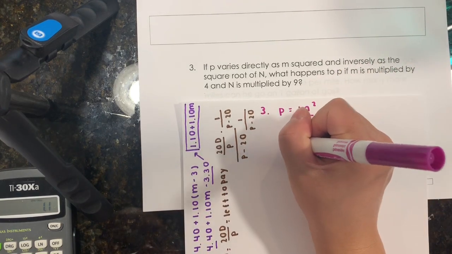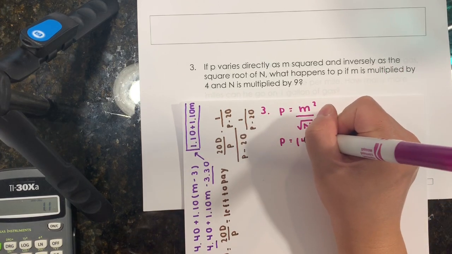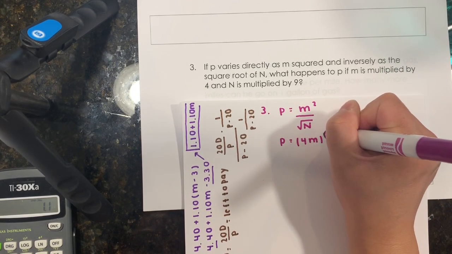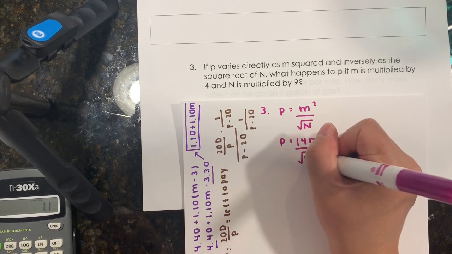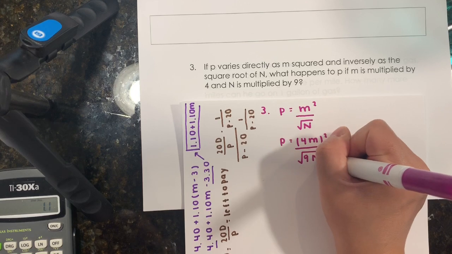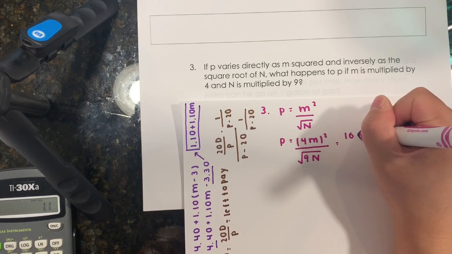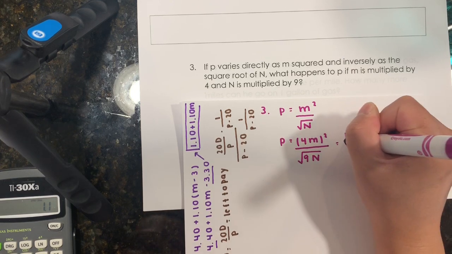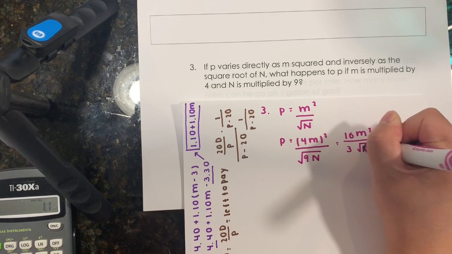What happens to P if M is multiplied by 4? So that would be 4M squared, and N is multiplied by 9. So that would be the square root of 9N. Now that would be 16 M squared over 3 square root N.